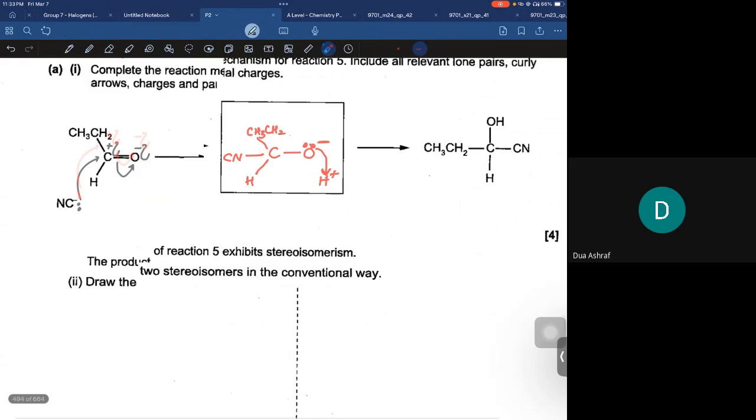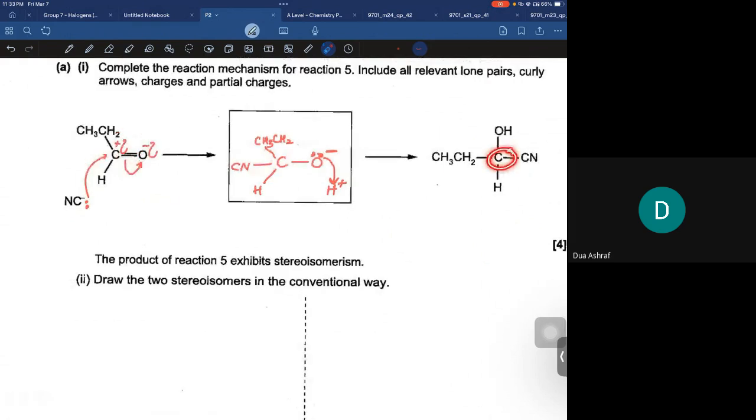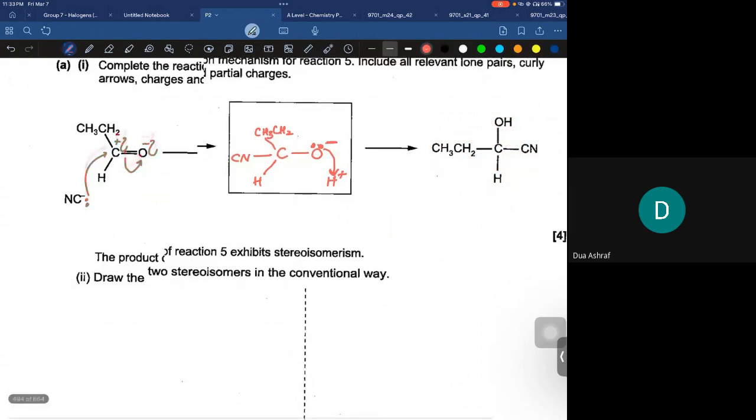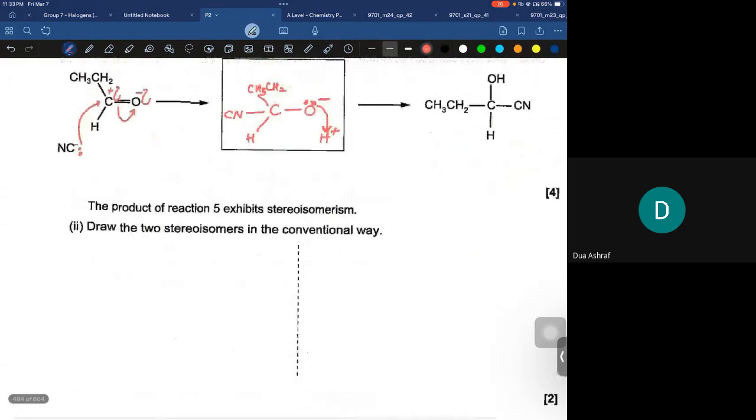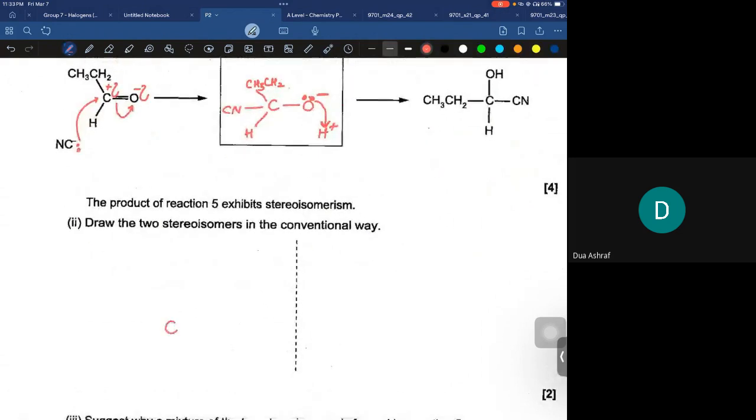Again, this product is going to have a chiral center because this is different, different, different, different. Again, it's asking to draw the optical isomer. So, see this? I'm supposed to draw the 3D diagram.